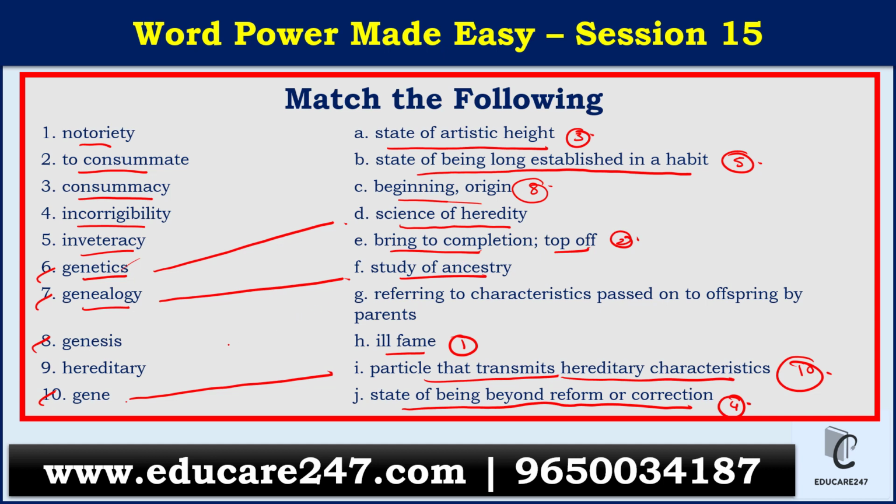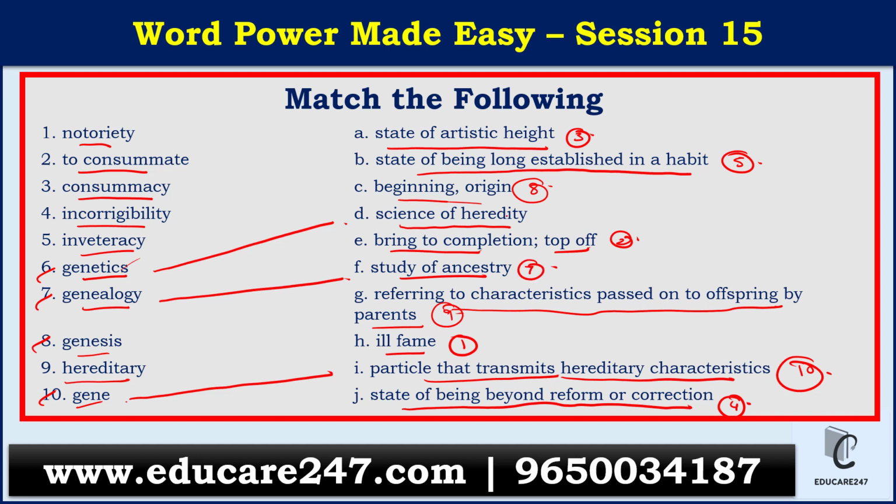And finally we have 9, which is hereditary, which is referring to the characteristics passed from parents to offspring. So this is 9, which is the final one. So we have completed all of them. And if you have any doubt, study of ancestry was genealogy. So this is 7. So we have completed all 10 of them.